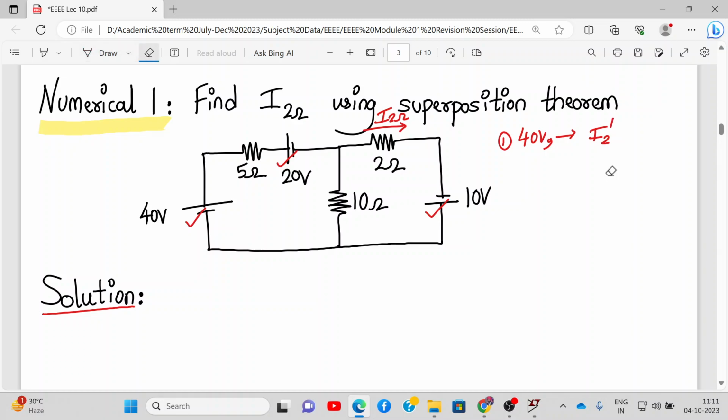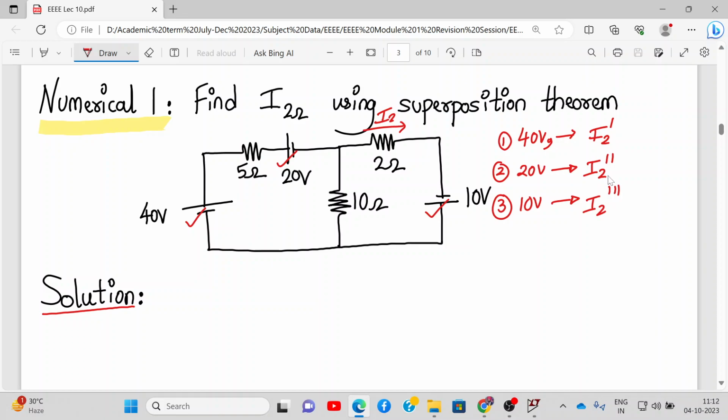Next we consider the 20 volt voltage source. Then 40 volt and 10 volt will be short circuited, and whatever current we get through I2 is called I2 double dash. In the next case we consider the 10 volt voltage source, and whatever the value of I2 we call it I2 triple dash, just to separate, since separate notations are used for every independent source.